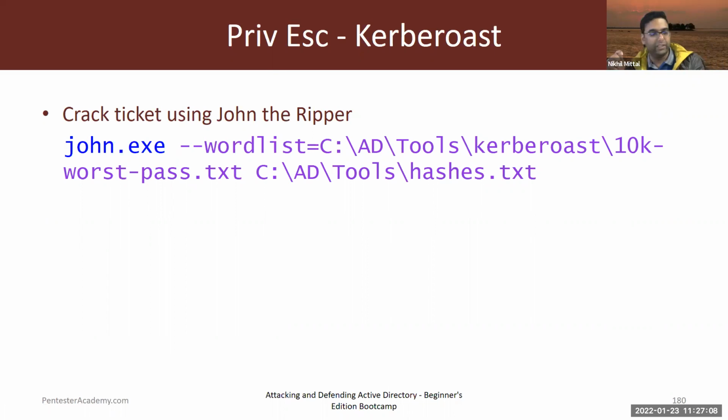Make sure that your word list contains season at year and month at year, right? In a reasonably large environment, at least a couple of users, a couple of service accounts would have such a password.